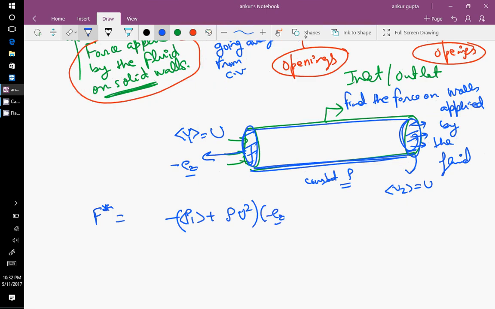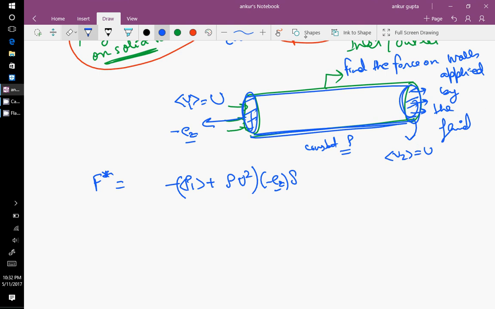I'm just doing it very quickly to show you something. Into S, the surface area of this circular part is, let's say, S, and then we'll have minus of P1.